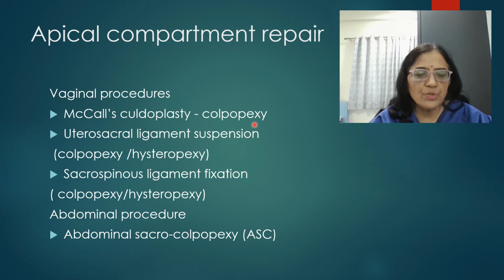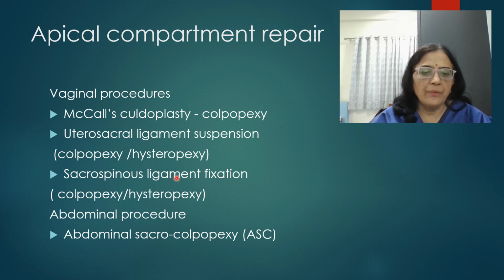With both these procedures, there is a choice. We can either do colpopexy, that is, first do hysterectomy and then lift up the vagina by attaching it to either the uterosacral ligament or the sacrospinous ligament. Or we can do hysteropexy, where uterine conservation is done and the uterus and cervix are anchored to either the uterosacral ligament or the sacrospinous ligament.